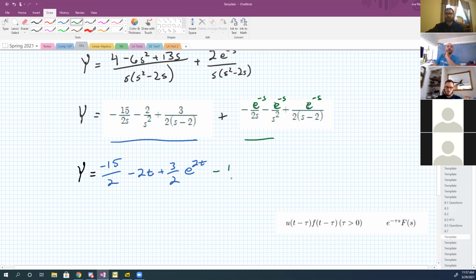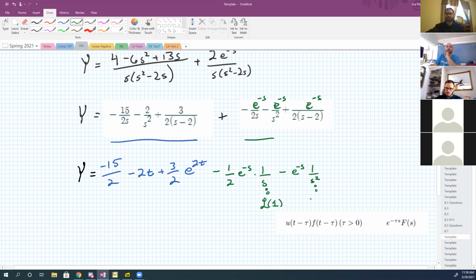So I have a minus 1/2 e to the minus s times 1 over s, and 1 over s is the Laplace transform of 1. Then I have a minus e to the minus s times 1 over s squared.